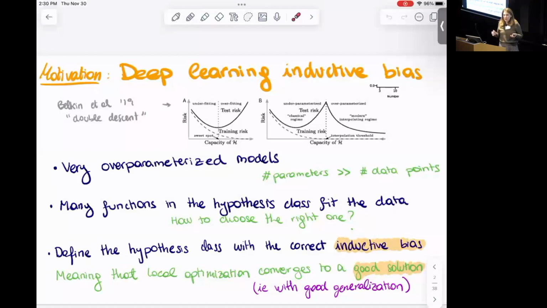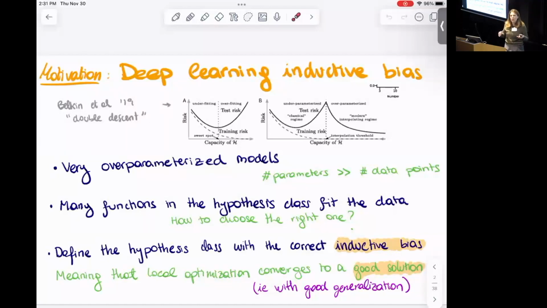The more expressive you are, the more you can fit your data, but also the more you can overfit your data. Therefore maybe the best model is not the most expressive, but something in the middle that minimizes the bias plus the variance, the bias-variance trade-off.